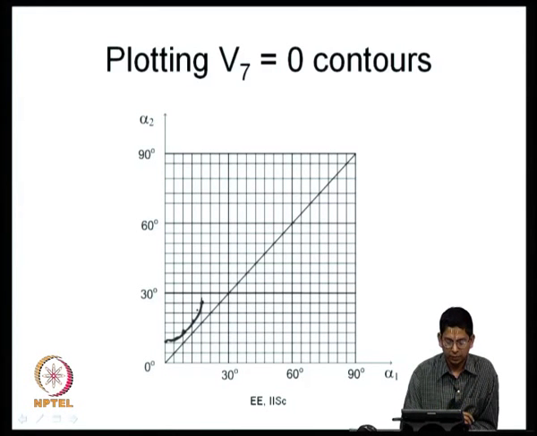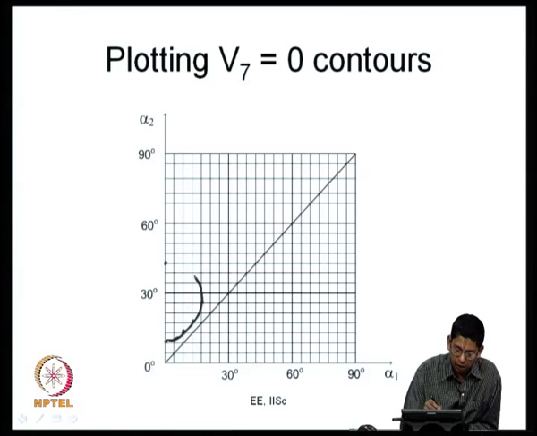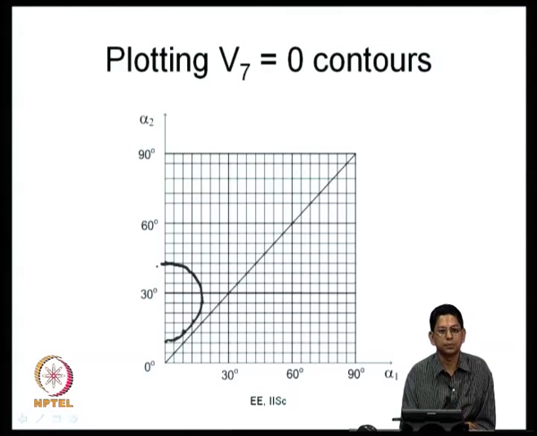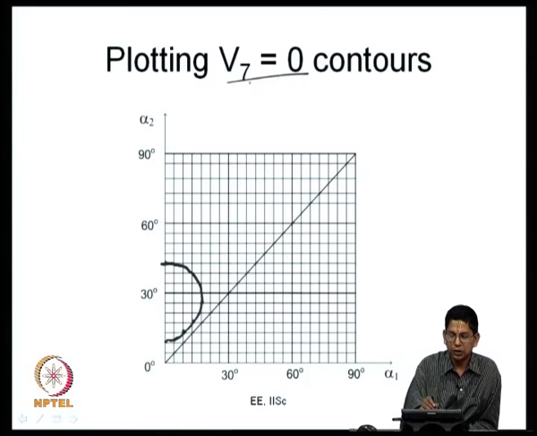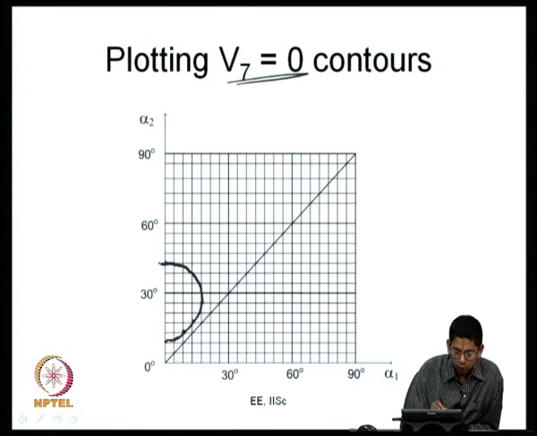If you go to the other side, you will have 1, 2, 3, 4. So, you have this coming around and going back to this. This is the 7 alpha 1 equals 0 contour, and of course, you have this curve going to the left also.